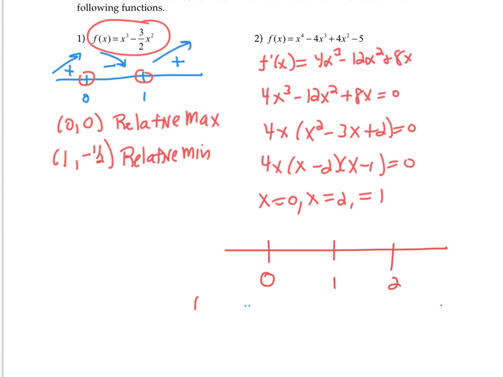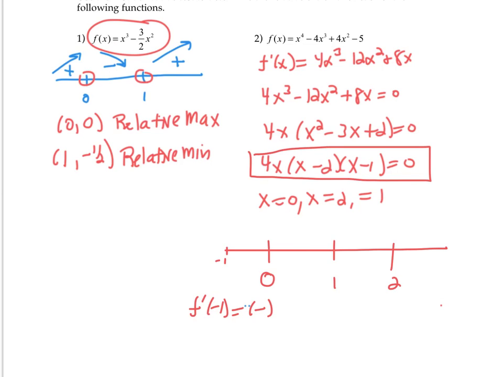Okay, so for my first check, I'm going to do f prime of, say, negative 1, because that number would be in this first interval. And f prime of negative 1, it's easy to test in this stage right here in its factored form. Like, imagine if I put negative 1 in for x. 4 times negative 1 would make that 4x negative. So just think about the signs here.